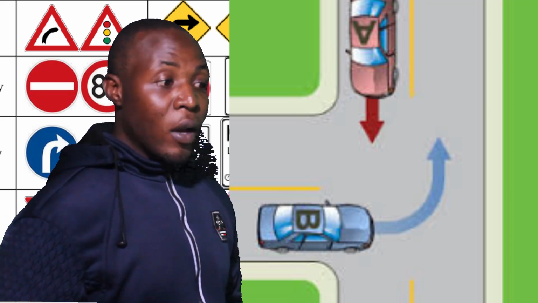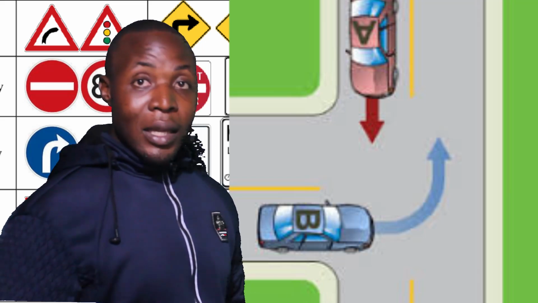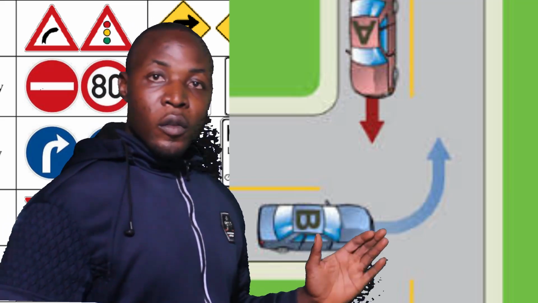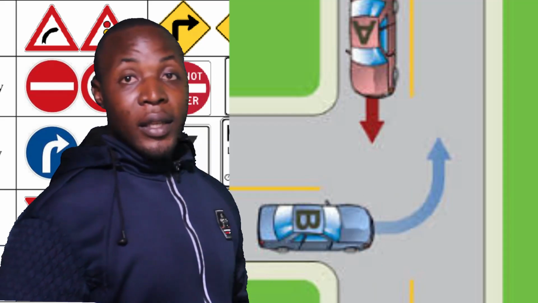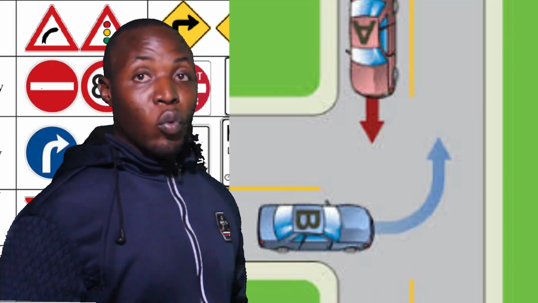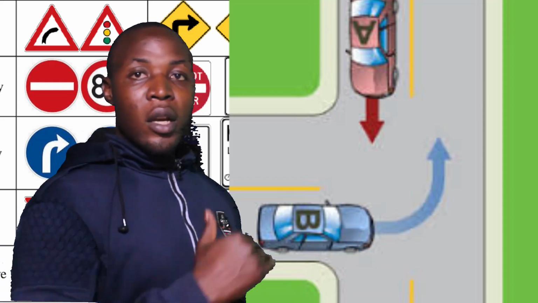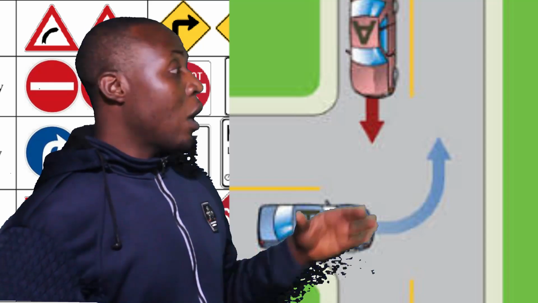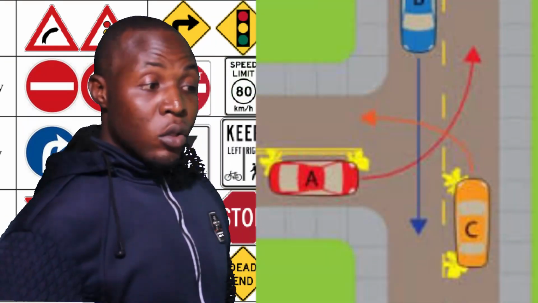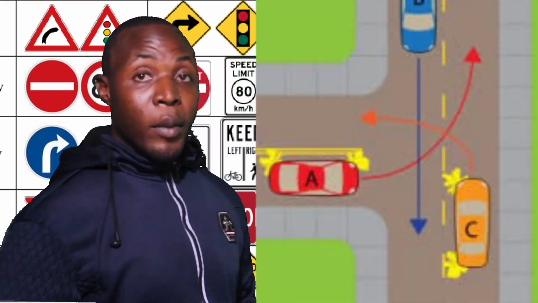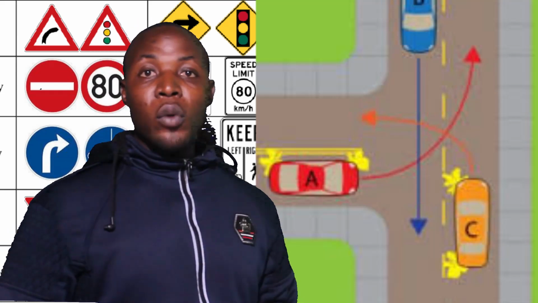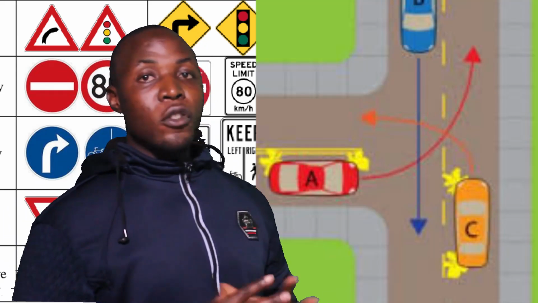So let's move and look into another set of intersection, what we call the T-junction. Let's see another situation. So let's take another image and give you the order of passing on this junction.